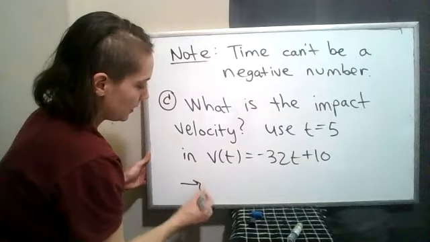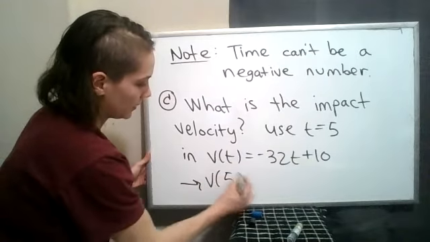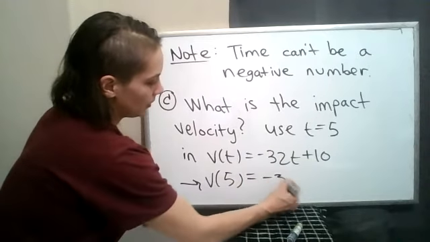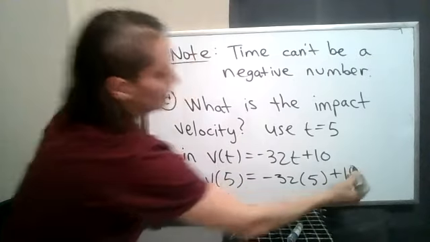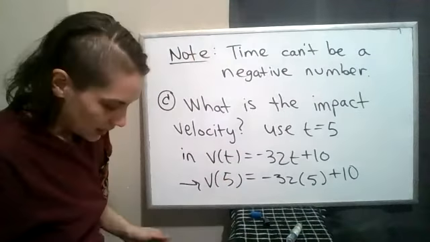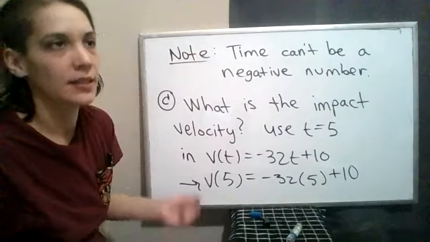Okay, so find v of 5, which is negative 32 multiplied by 5, add 10. I got negative 150 feet per second.